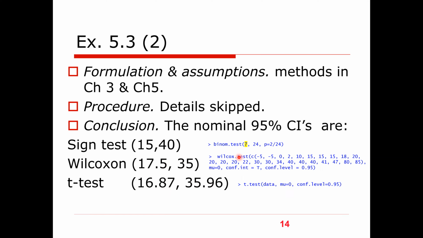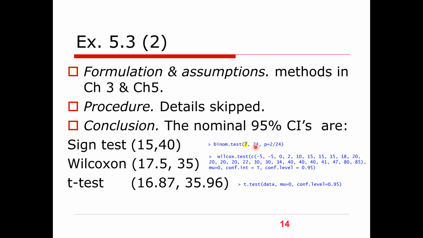So pay attention, there is a simple but clumsy method using R to identify the sign test confidence interval, which is using the binom test. So for the binom test, we need to try different numbers. We can change this number from 1 to n, increasing 1 at a time.